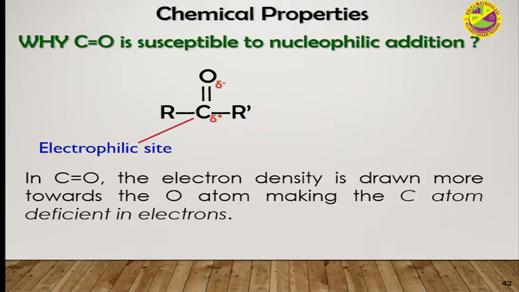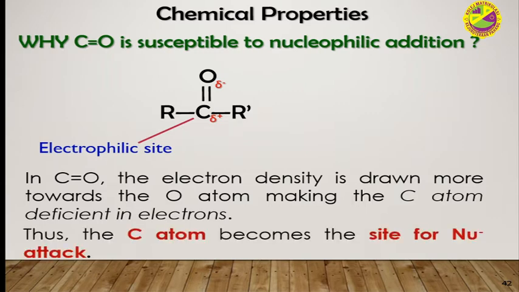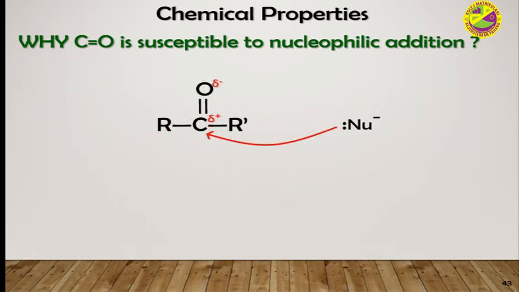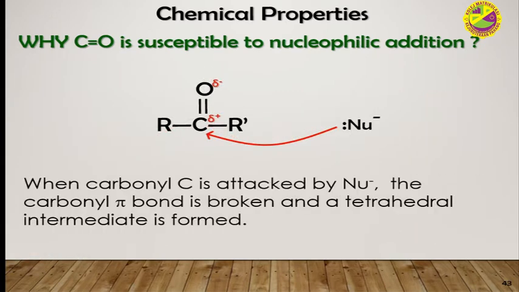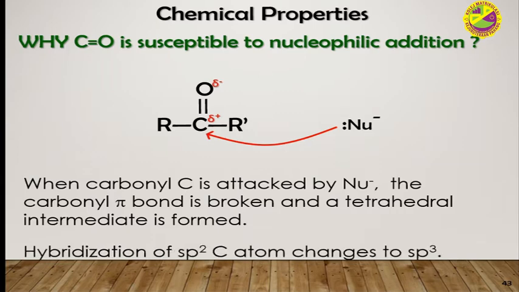The carbon atom becomes the site for nucleophilic attack. When the carbonyl carbon is attacked by a nucleophile, the carbonyl pi bond is broken and a tetrahedral intermediate is formed. Then the hybridization of the sp2 carbon atom changes to sp3.